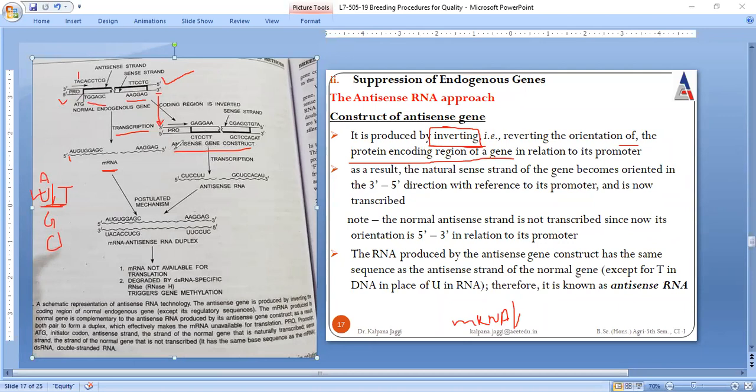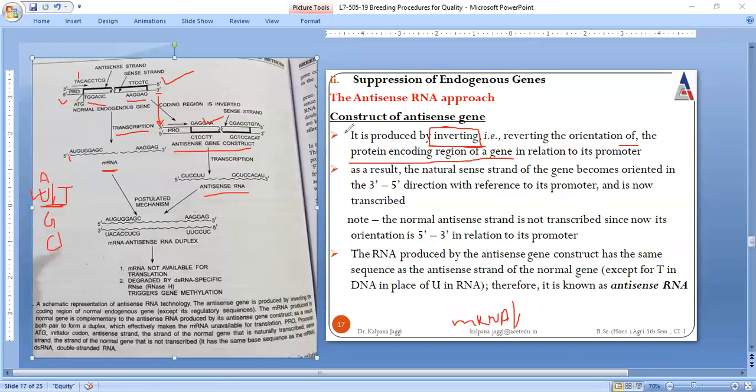Here this is the antisense, and when it is transcribed, because we have inverted, the strand in the orientation 3' to 5' is now acting as the template. So from G it is going to be C because RNA is synthesized, from A it is going to be U, then C, U, and similarly this one. This is now antisense RNA.